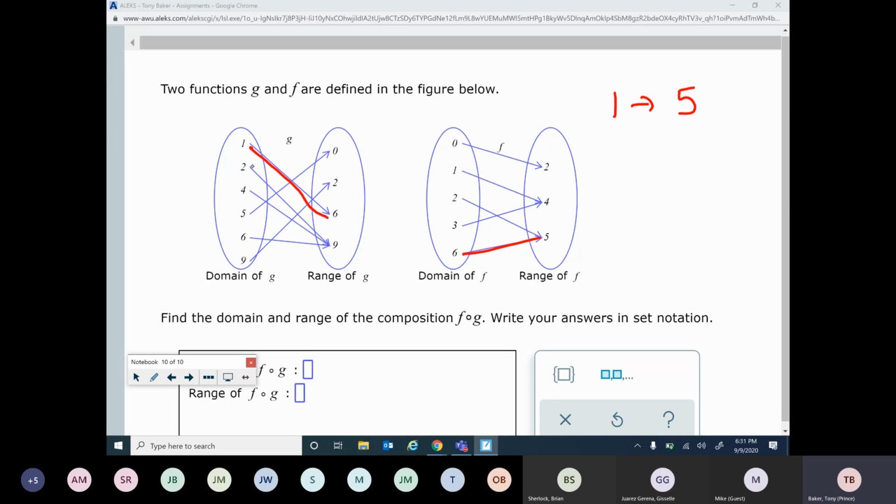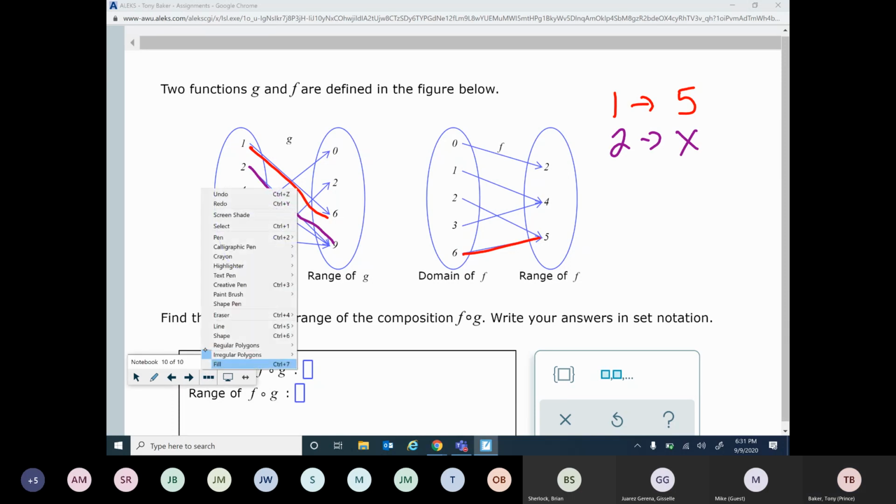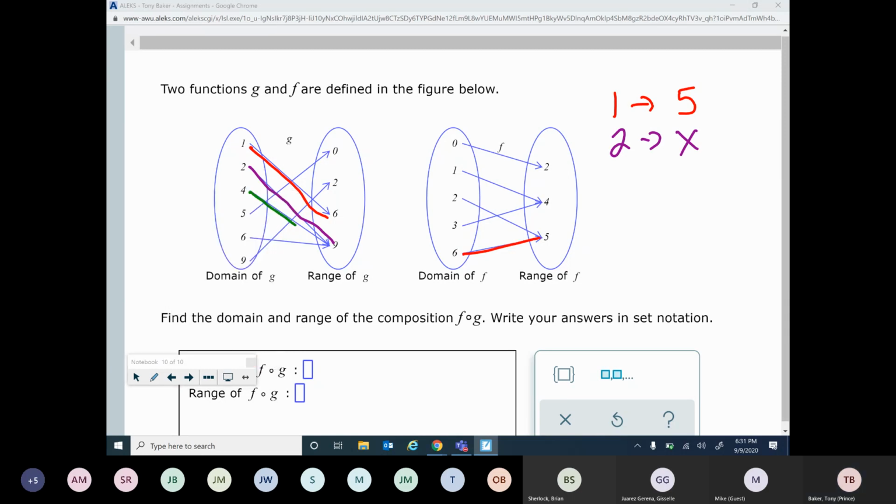And then I look at the next number. 2 goes to 9, but there's no 9 over here. So 2 doesn't work. And then I go to the next number. 4 goes to 9. And we know there's no 9, so 4 doesn't work.